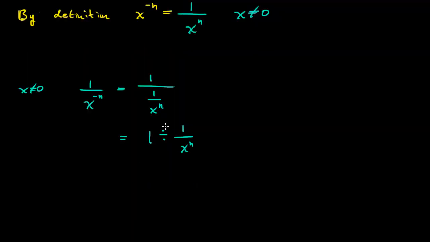Now remember that division by a fraction is the same thing as multiplication by the reciprocal of that fraction. So this would be equal to 1 times x to the power of n over 1. And we don't write x to the power of n over 1 as such. We just write it as x to the n. So if we simplify, this is equal to x to the power of n.